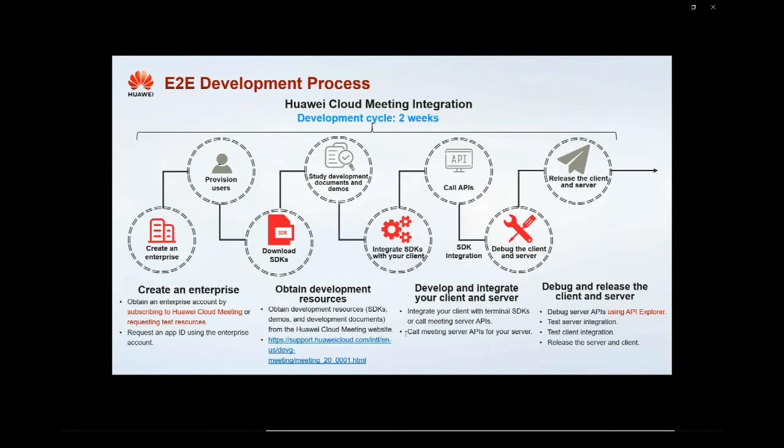All development resources such as SDKs, demos, and development documents can be obtained from the Huawei Cloud Meeting official website. You can integrate the terminal SDKs or directly invoke the meeting server APIs for development. Finally, debug and release. Developers can use API Explorer to debug server APIs.